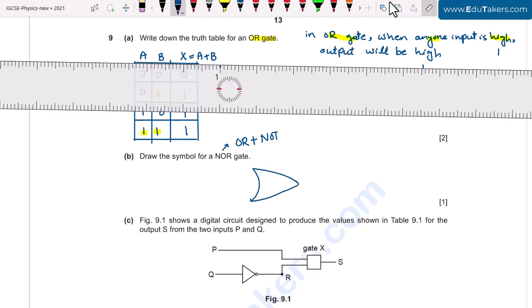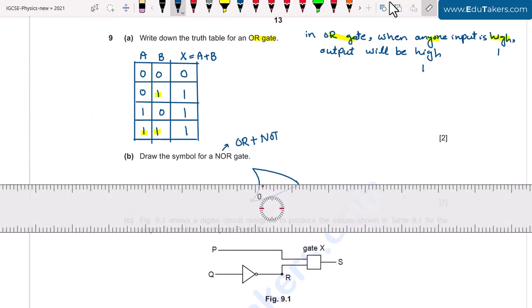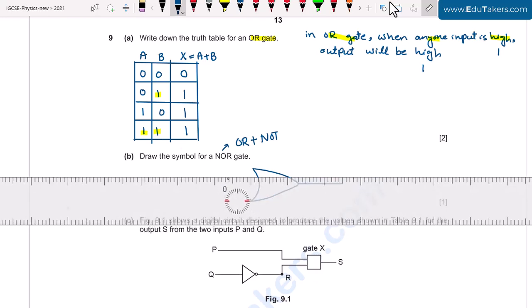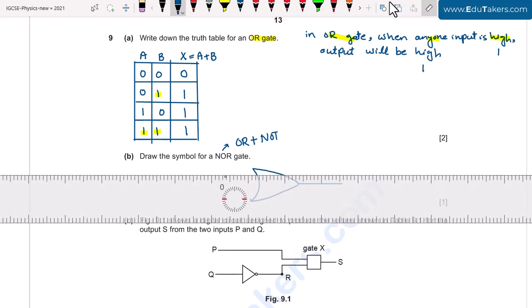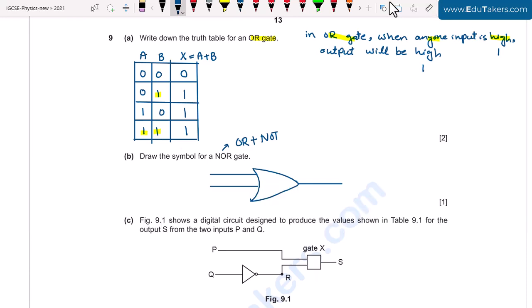So there are two inputs and a single output here, and two inputs. So this is the symbol of the gate. Here A and B are inputs and output is X.